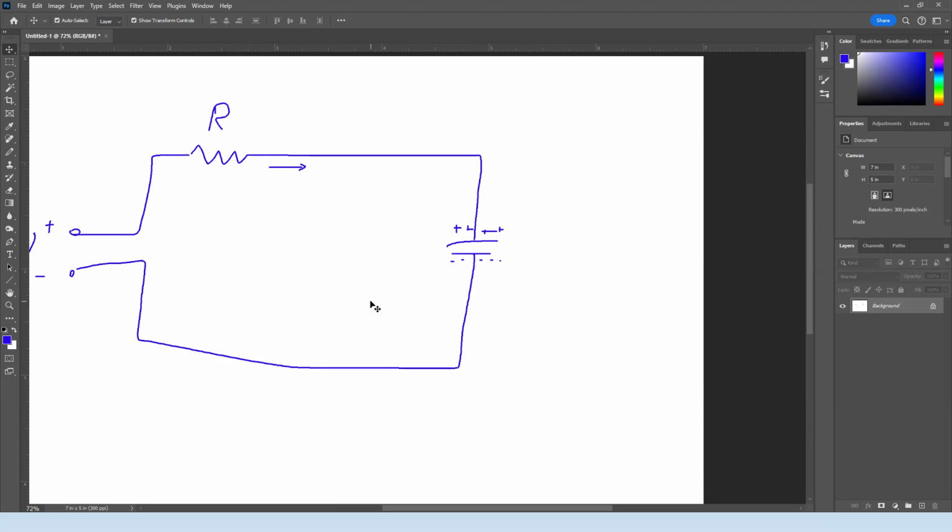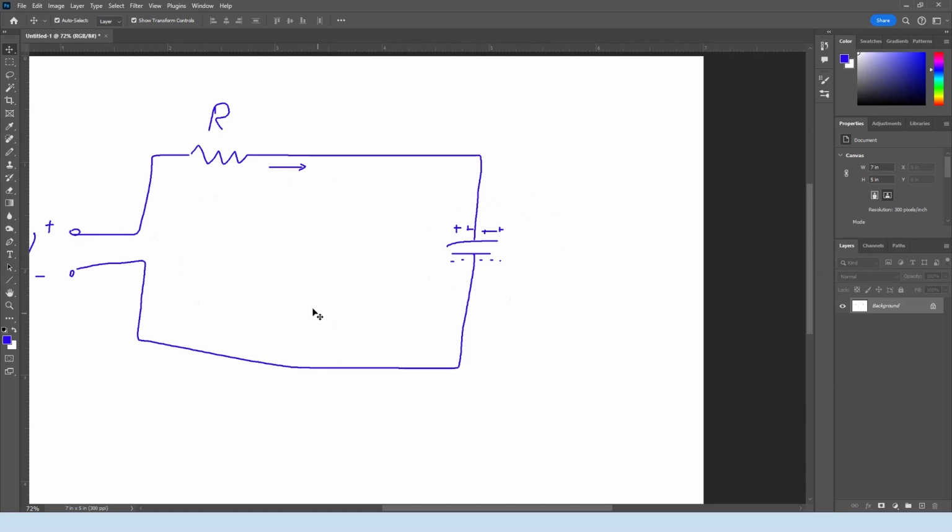Doesn't matter if the resistor is here. If the current was flowing, then with another resistor, yes, there will be a different voltage. But if this thing is open, there's no current flow, and this voltage and this voltage will be equal to each other.